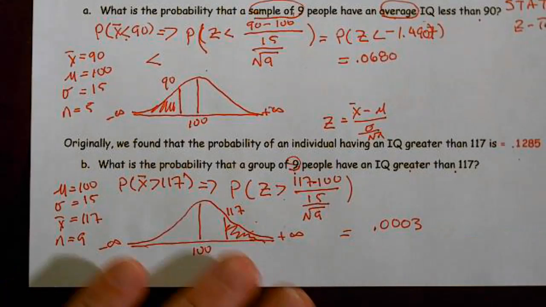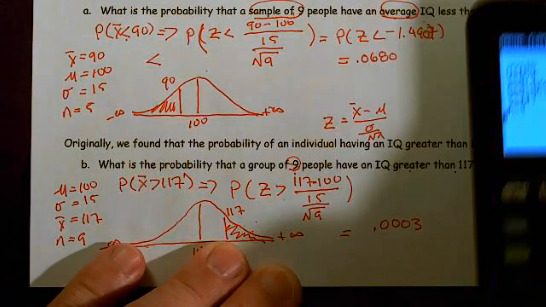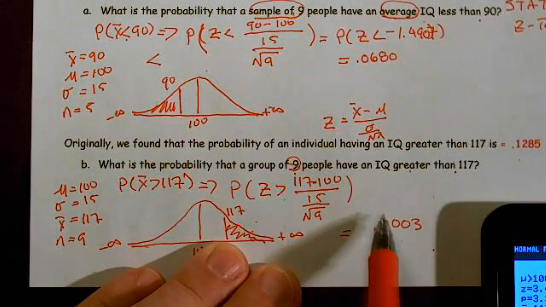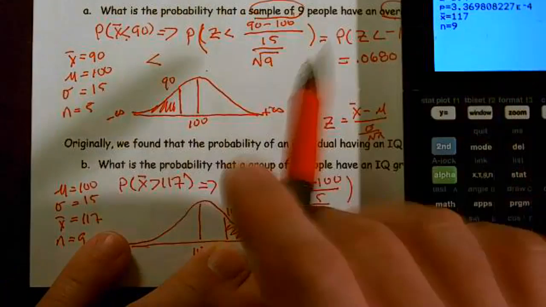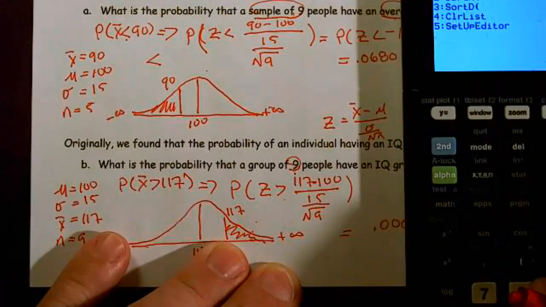Yes, 0.0003. So this right here would be my answer. This is correct. This is everything done correctly. I need to go back up and rerun the previous one because I made a data entry error.